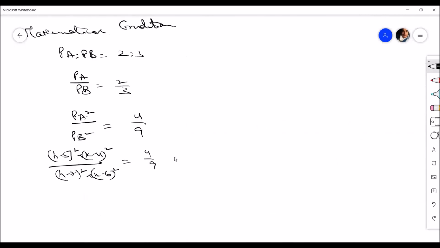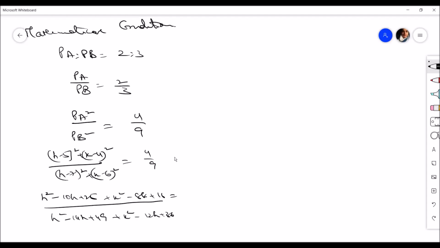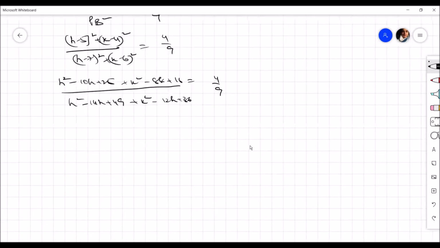So the rest is pure simplification. Should give me h square minus 10h plus 25 plus k square minus 8k plus 16, divided by h square minus 14h plus 49 plus k square minus 12k plus 36, is equal to 4 by 9. Do the calculations carefully.